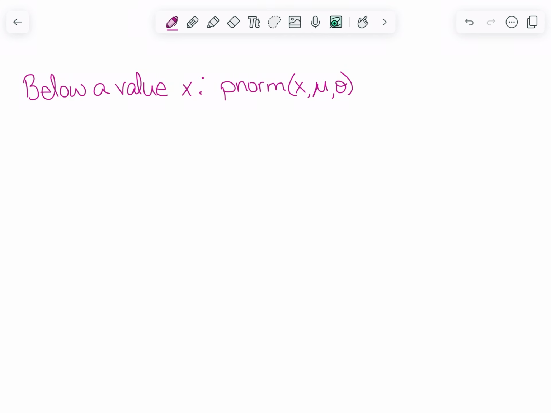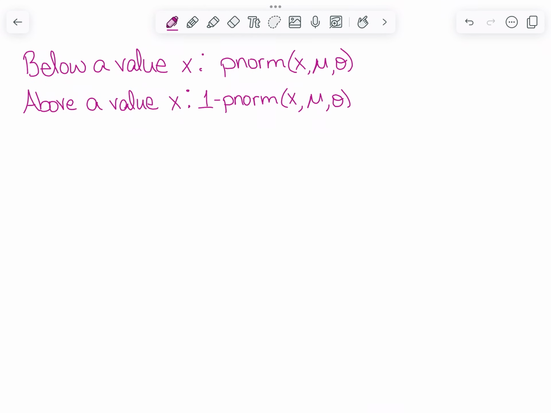If we want to find the probability that we are below a given value x, then we're going to use pnorm of x, comma, the mean, comma, the standard deviation. If we want to find the probability we're above a given value x, then we do 1 minus pnorm of x, comma, the mean, comma, the standard deviation.